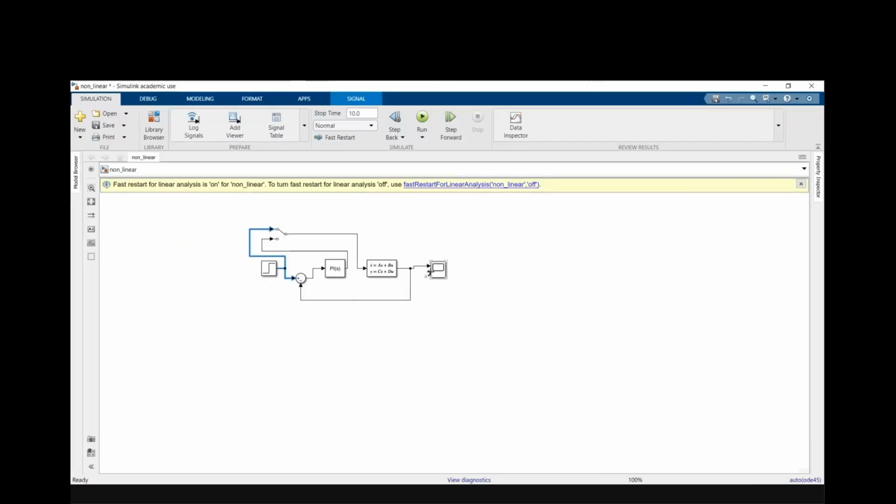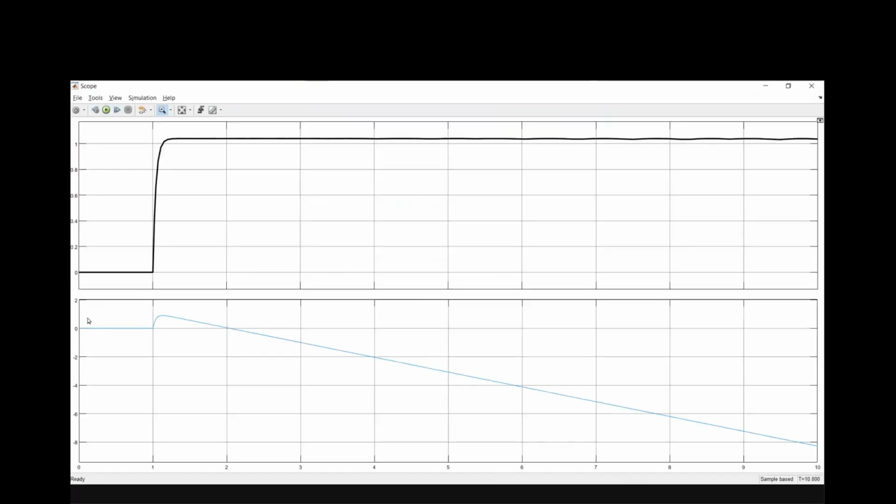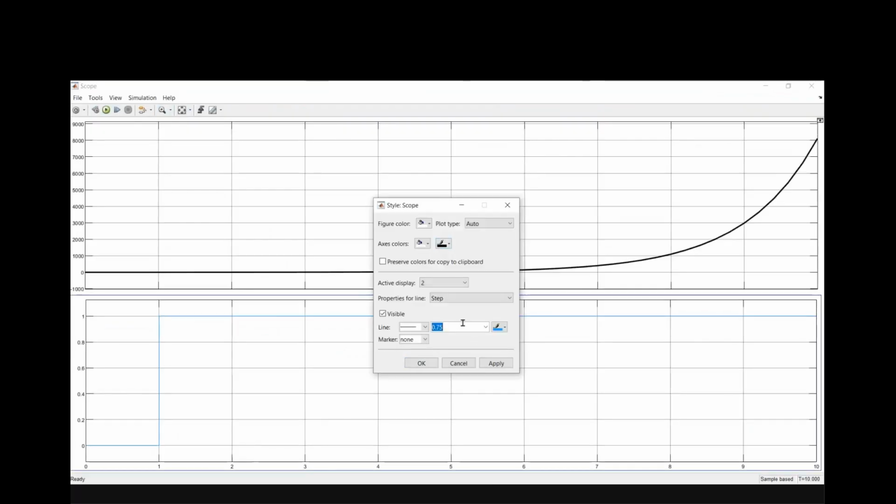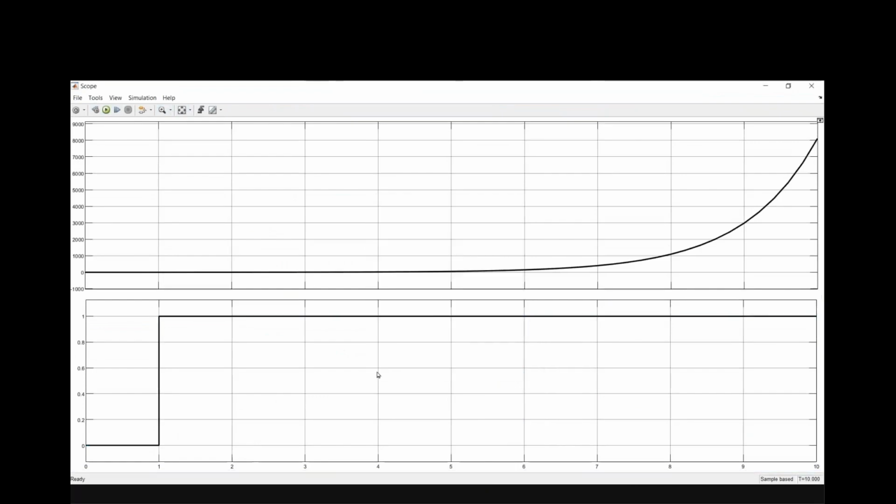So if I simulate, this is my input. So actually this is my output, right? Actually the output is highly unstable. It is becoming nonlinear for a given step input. So this is my input 0 to 1.